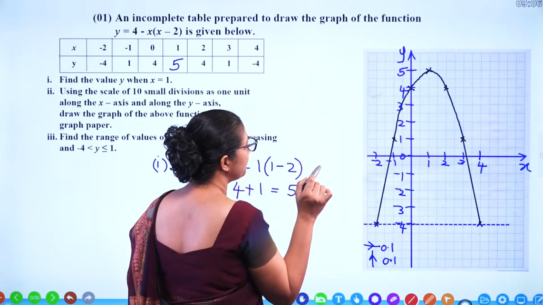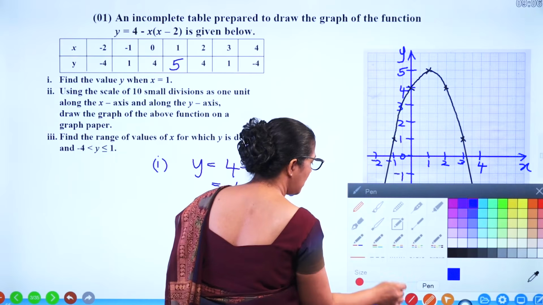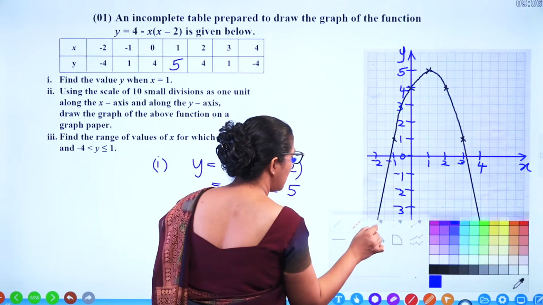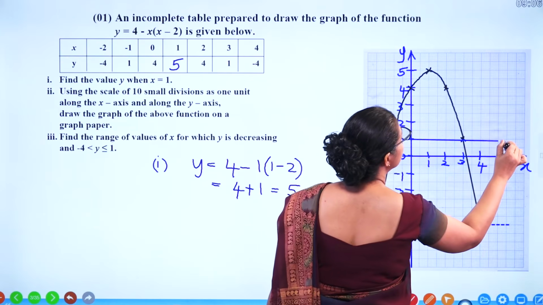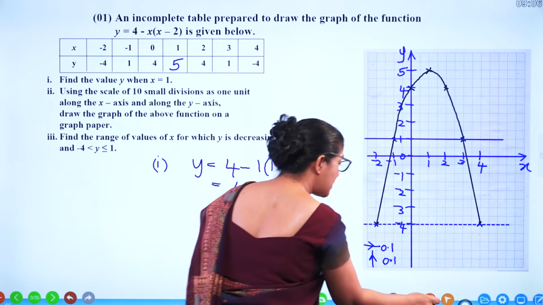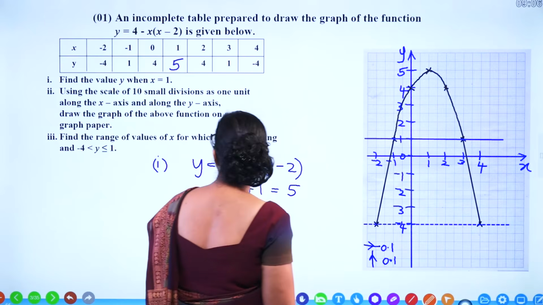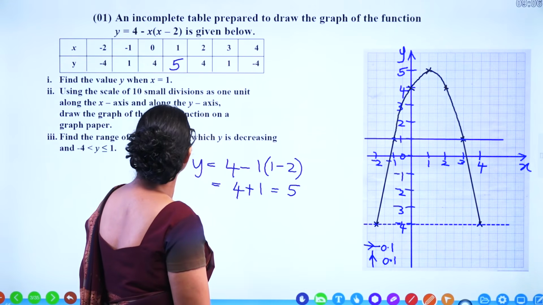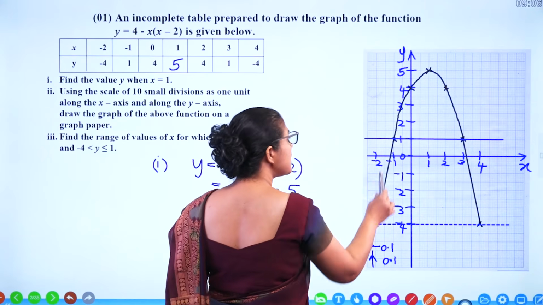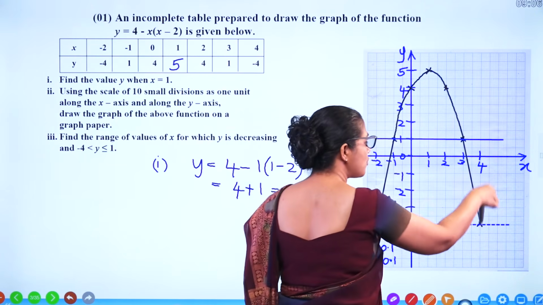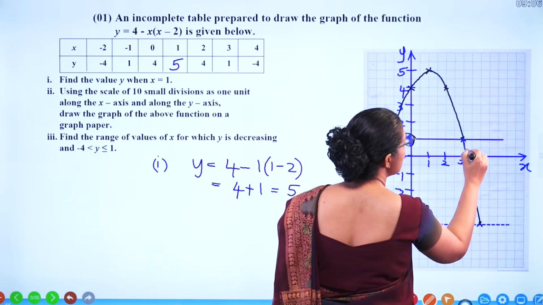So you can draw a line along y. And it says decreasing, decreasing y value. So which part? This part is increasing, so you have to take this part. So this part they are asking, here to here.